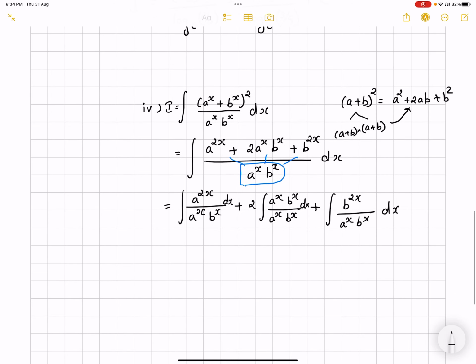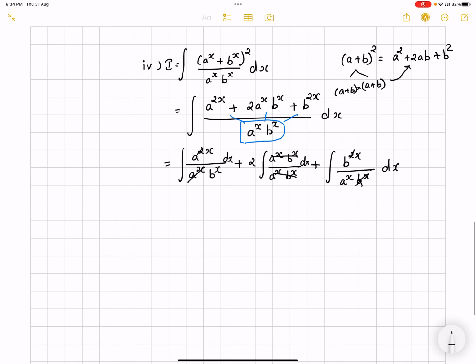Now what would happen? One of them would be getting cancelled here. And here both of them are common, it would be getting cancelled. Here b power x in the denominator would be getting cancelled.